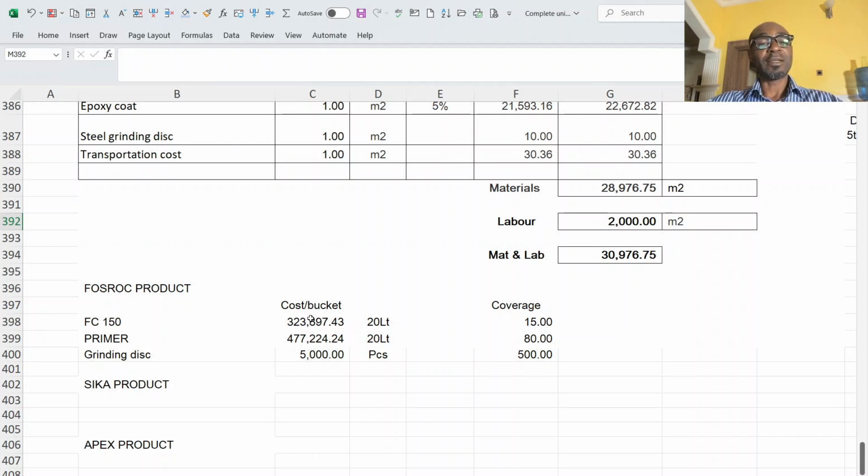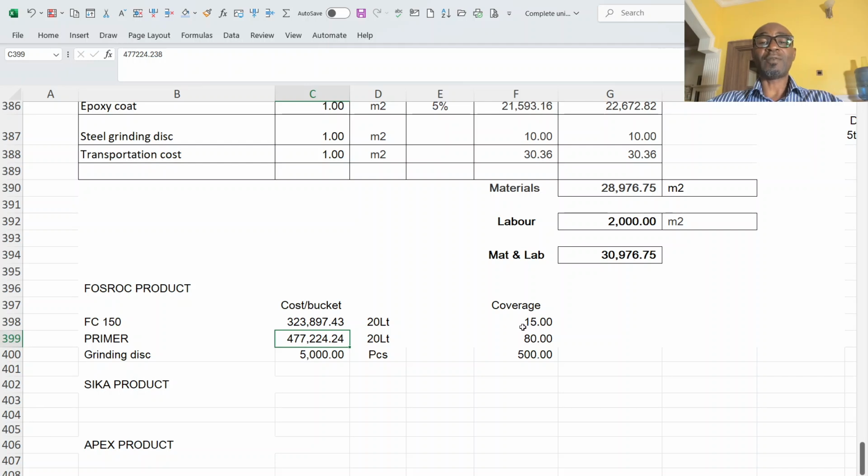As at now, a bucket of the FC 150 from First Rock is 323,900 and 897 naira 43 kobo, while the primer is 477,200 and 224 naira per bucket of 20 liters.